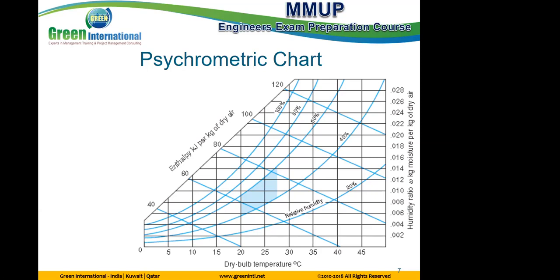So what is the other inclined line? The other inclined line is wet bulb temperature. If I want to represent it on the curve, I will present only wet bulb temperature, and enthalpy is not presented directly, but by another thing. This is what we'll see now.